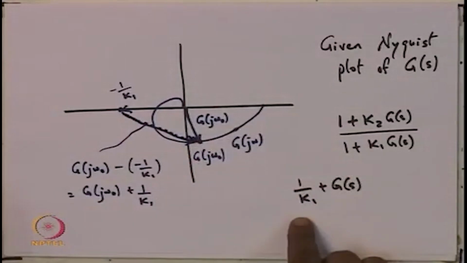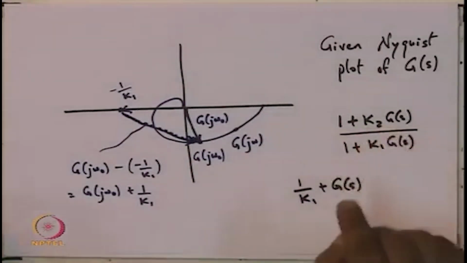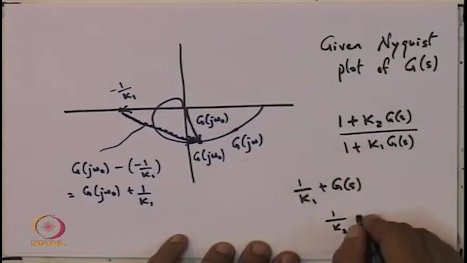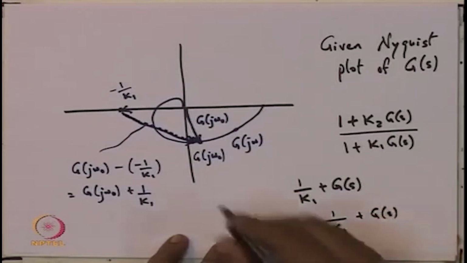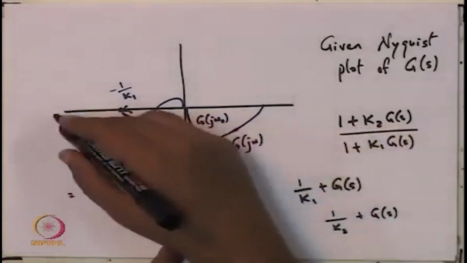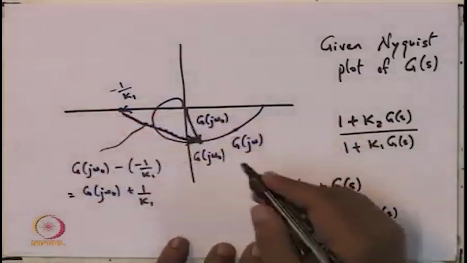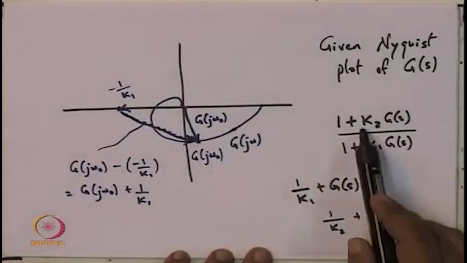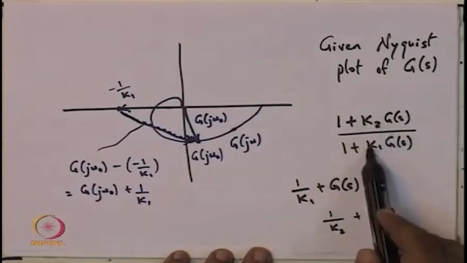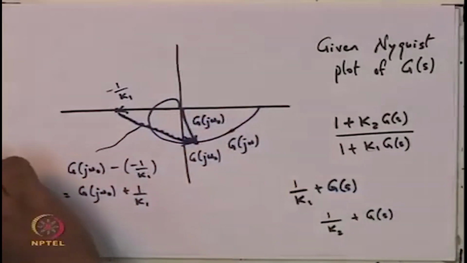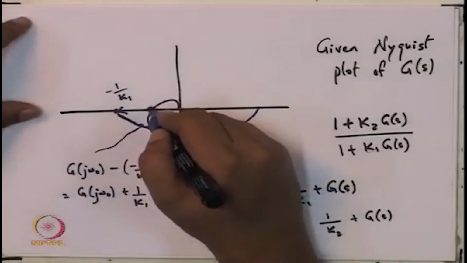In the same way, one could also look at the numerator, and for the numerator, if one pulls out K 2, you have 1 by K 2 plus G of s. G j omega naught is the same, and minus 1 by K 2 will be a point here on the negative axis, because we are assuming K 1 and K 2 are both positive, and of course K 2 was a larger number than K 1.